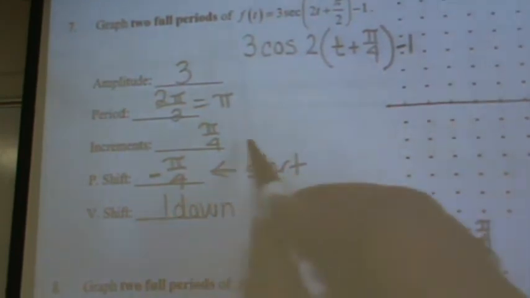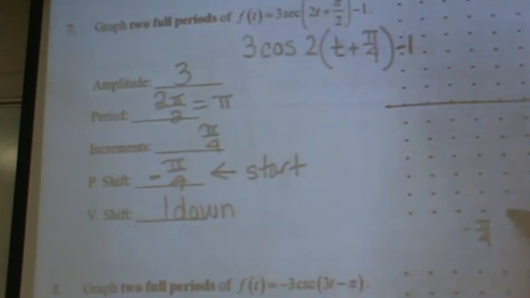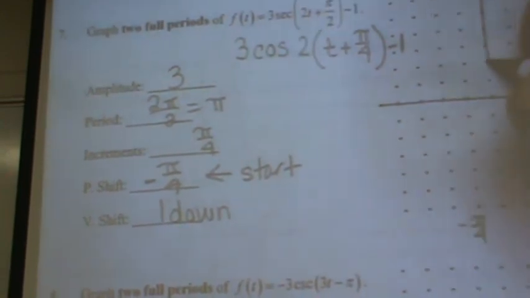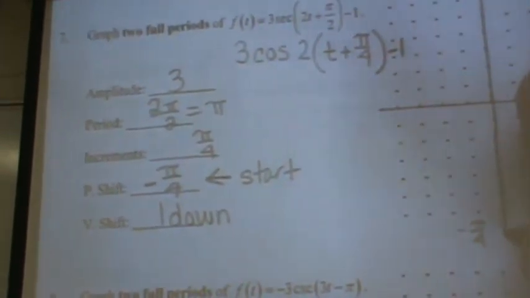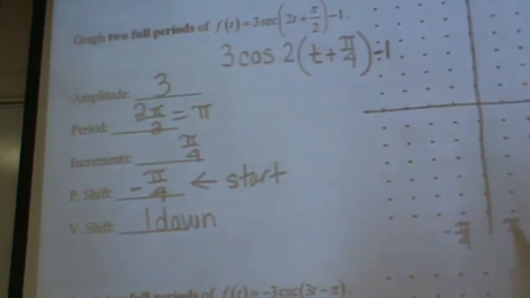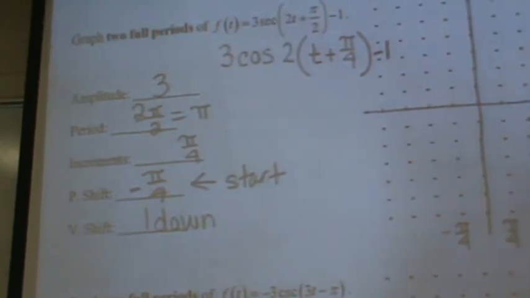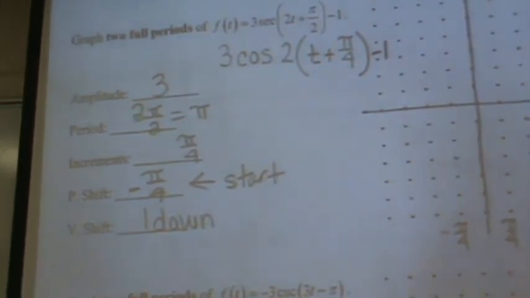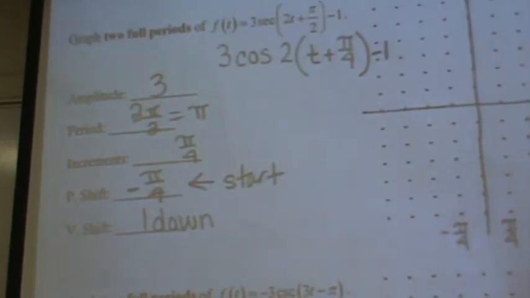And if you add pi over 4, that's your 0, which is your y-axis. Then pi over 4, 2 pi over 4, 3 pi over 4, 4 pi over 4, 5 pi over 4, 6 pi over 4, 7 pi over 4, and so forth. We want 2 full periods.